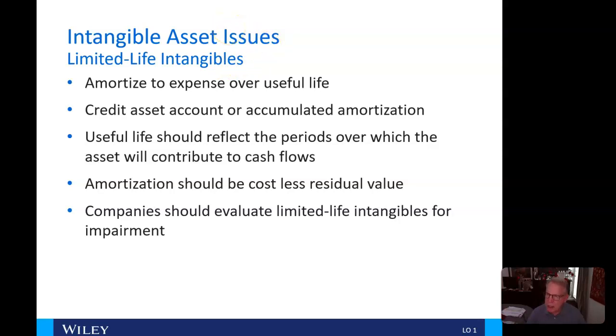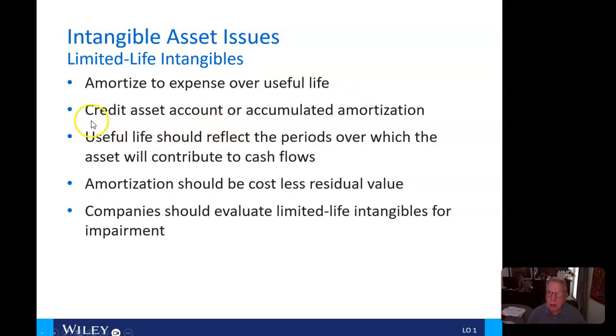However, some intangibles don't have an unlimited life. If they do have a limited life, then we're going to amortize the expense over the useful life, credit an asset account, or an accumulated amortization account. Generally, companies credit the asset account as opposed to depreciation, where we usually credit the accumulated depreciation account.